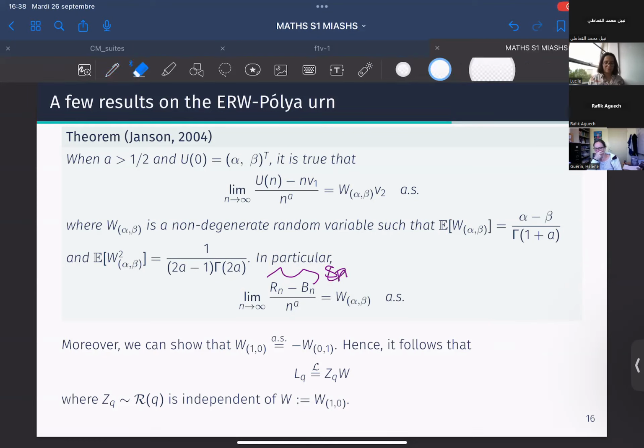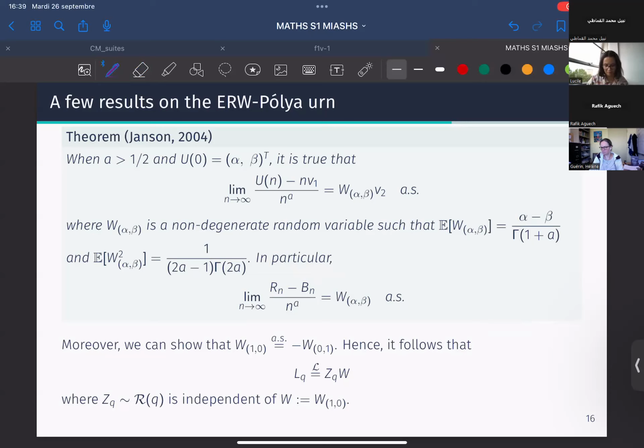Okay, so that means that we are interested in the random variable W. That's the same thing as being interested in the random variable L. Another thing is that we can show that the random variable W, when the urn is started from one red ball and no blue balls, is almost surely the same as the random variable when started from no red ball and one blue ball, minus all of that.